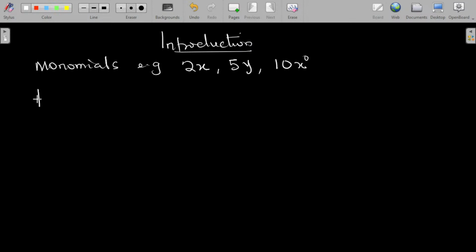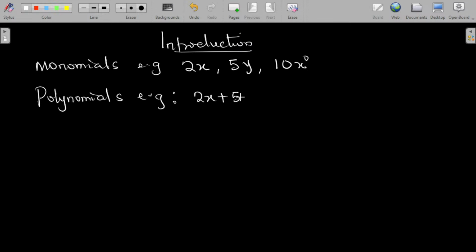Then we now have what we call polynomials. We are still going to study polynomials later, so I'm going to explain that also when we get there. So a polynomial is an algebraic expression that contains many algebraic terms. For instance, you can have something like 2x plus 5y.